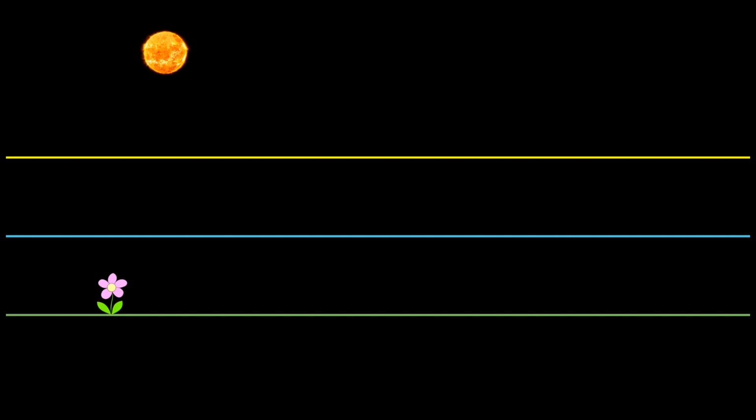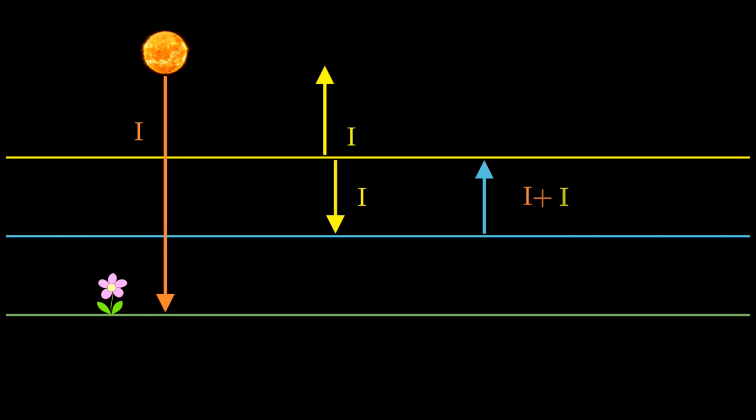But what if we were to add a second layer? Well, just as before, we will have an I in and an I out, and since they're equal in magnitude, I'll refer to them both as I. The top layer radiates intensity back to space, but also must radiate the same intensity downward to remain in energy balance. The blue layer then must radiate an intensity directed upward, which will have a magnitude equal to the red line plus the yellow line, or 2 times our initial intensity.